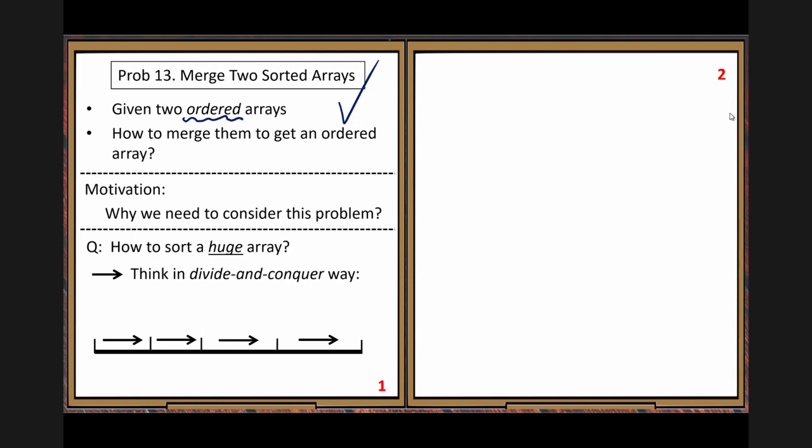But you can load part of it, do the processing, and put the elements in place. Then another part, load it to main memory, put them in place, and so on. At the end, you put all elements in place. That's the idea. But you need to do that basic merge step.